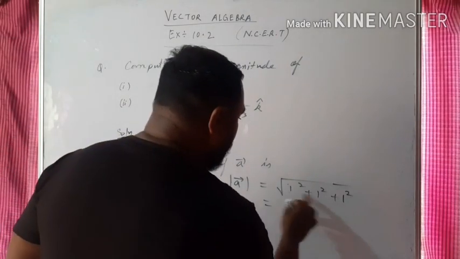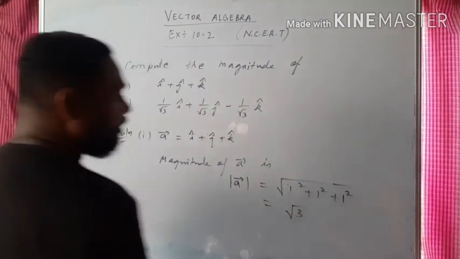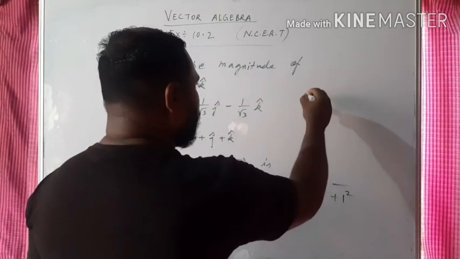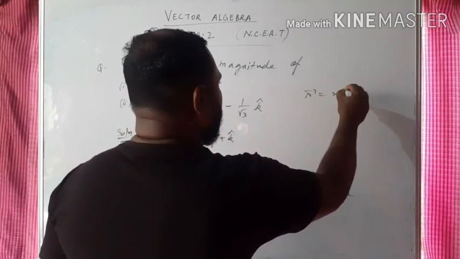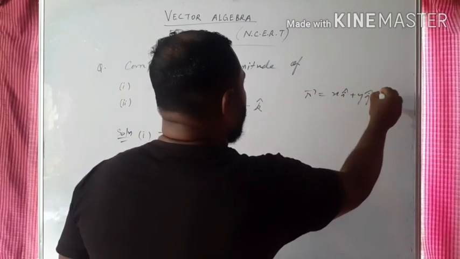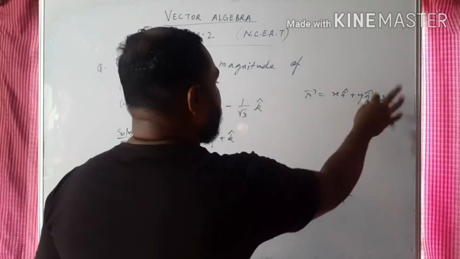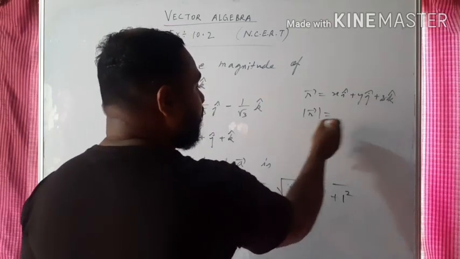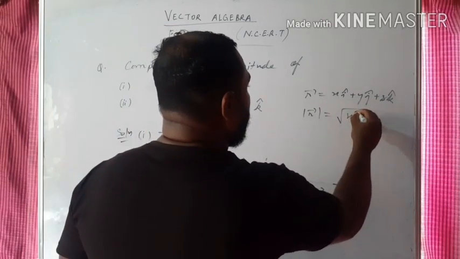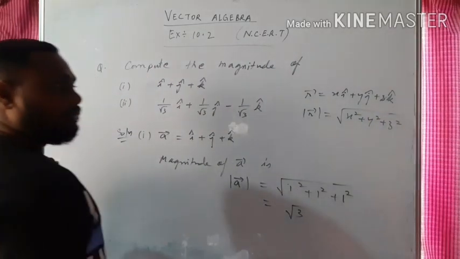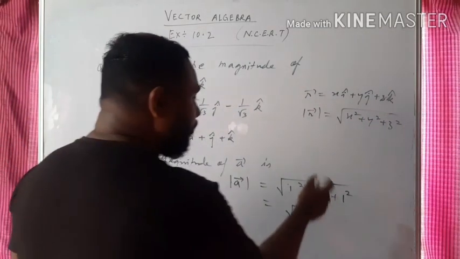So it is what? 1 plus 1 plus 1 will be 3, that is root 3. Okay, since we know that if a vector is denoted by xi plus yj plus zk, then its magnitude is nothing but root over x square plus y square plus z square. Okay, so I have used that formula only.